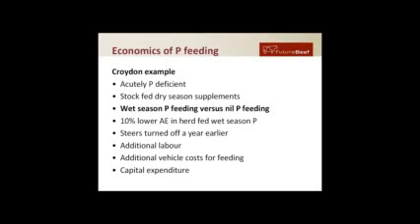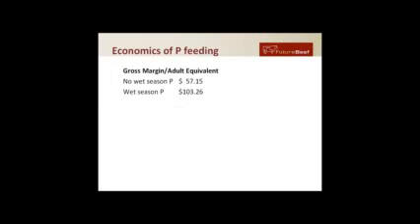Steers were turned off a year earlier in the group that was wet season fed. There are obviously additional labor costs, vehicle costs for putting out lick, and capital expenditure that needed to be accounted for as well for feeding during the wet season. The gross margin per adult equivalent came out as being this.